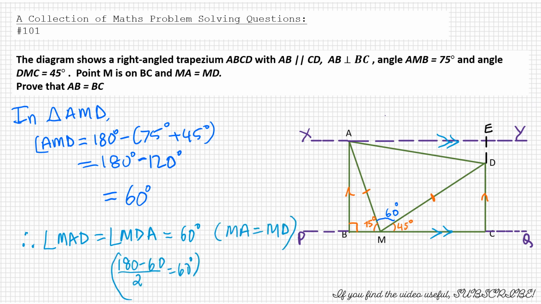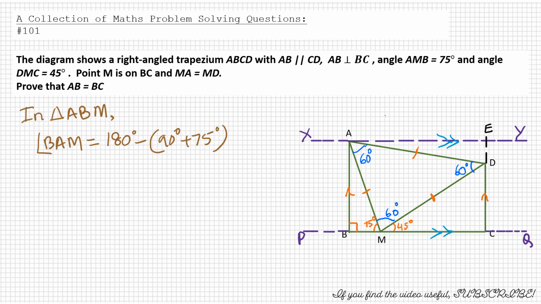So triangle AMD is equilateral, AM equals MD equals AD, and they're all 60 degrees. The first thing we've proven is triangle AMD is equilateral.